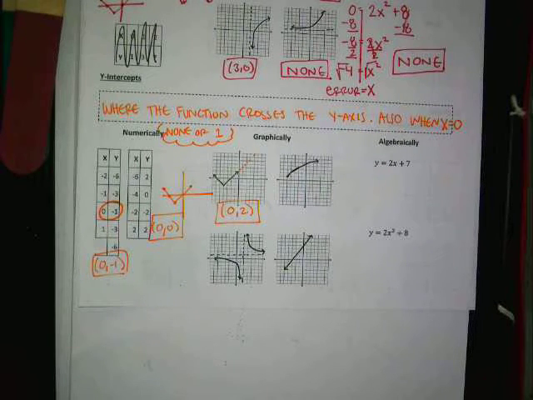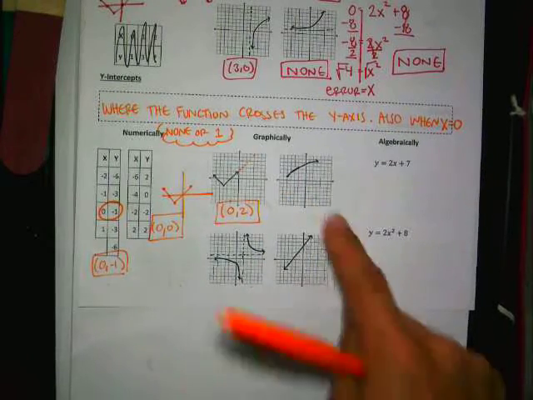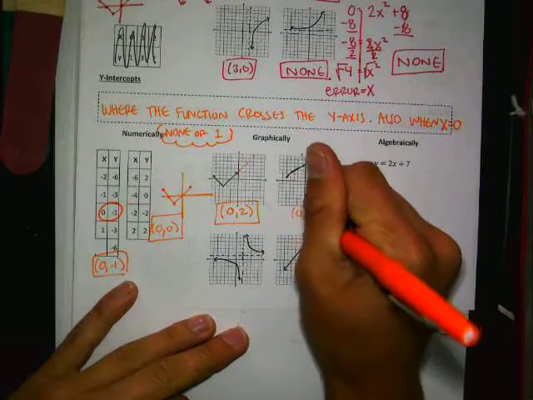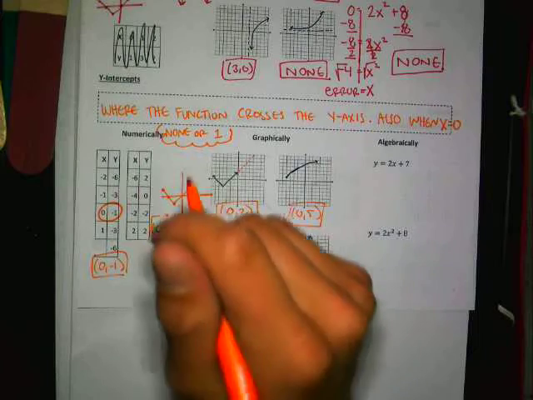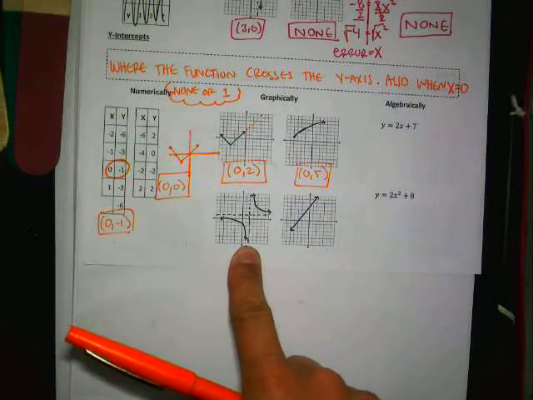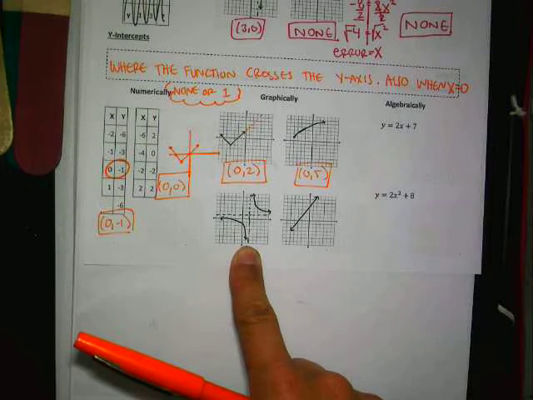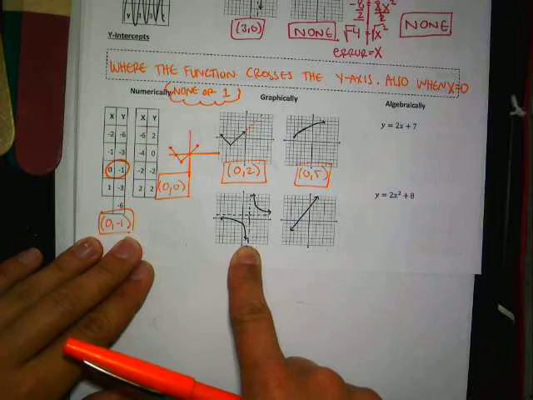All right, let's pull some sticks. 19. Caitlin, where is it crossing the y on this one? 0.5. Very good. 0, 5. 14. Faith, where's it crossing this one? Negative 1.